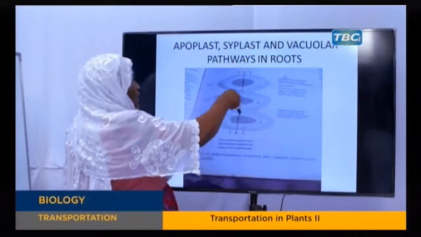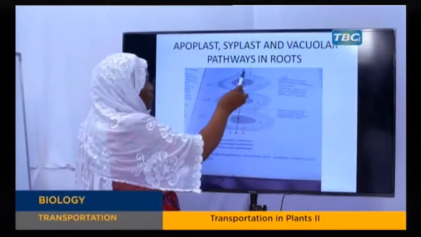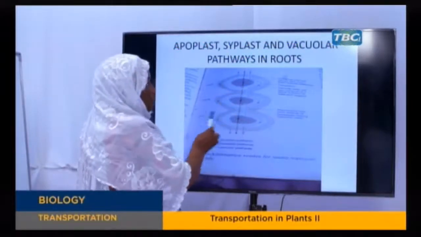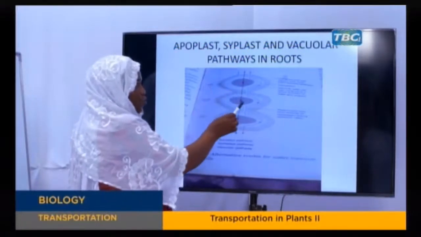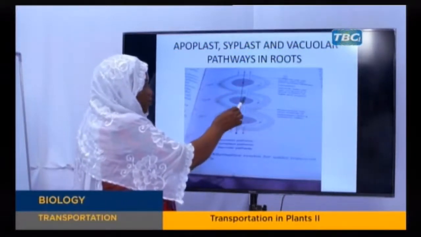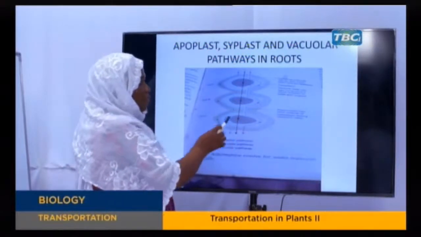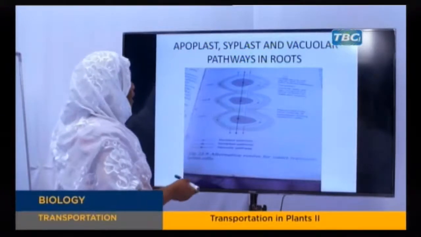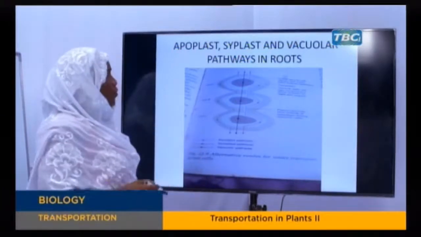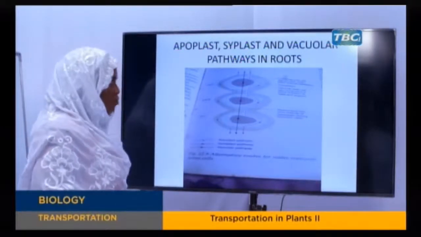This arrow indicates the vacuolar pathway. It passes from vacuole to vacuole, from vacuole A of cell A to vacuole B of cell B to vacuole C of cell C. Therefore, when water and mineral salts move across the vacuoles, we call that route the vacuolar pathway.